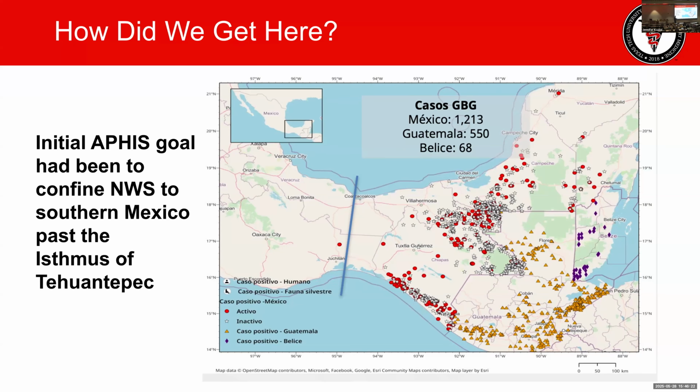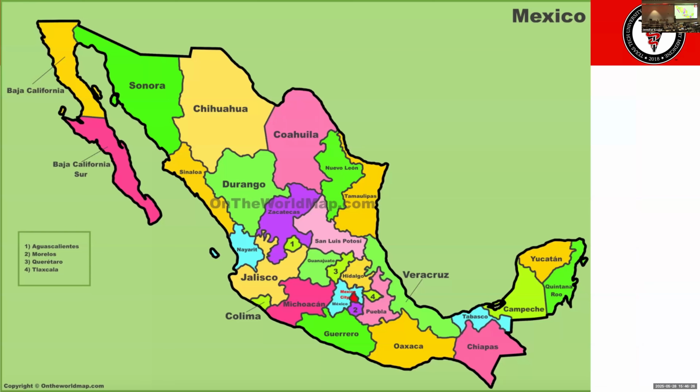I think I've got another slide that shows it. So you can see where Veracruz is there. All they said was it was from that state, and then there was one in Oaxaca. We've been told that they were somewhat equal, and that the one in Oaxaca was in northern Oaxaca. So we kind of think it's somewhere in here.